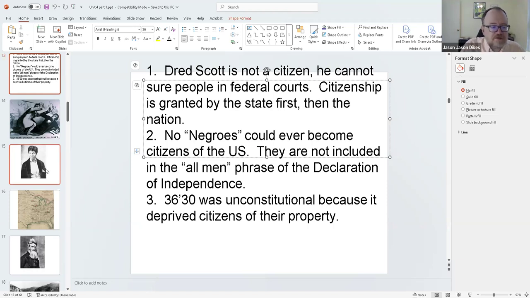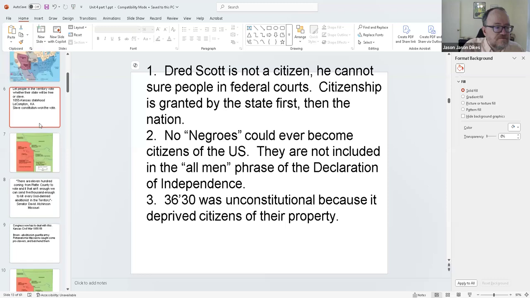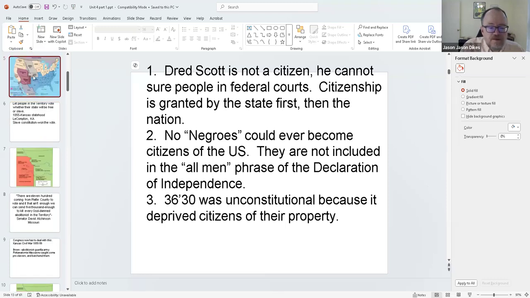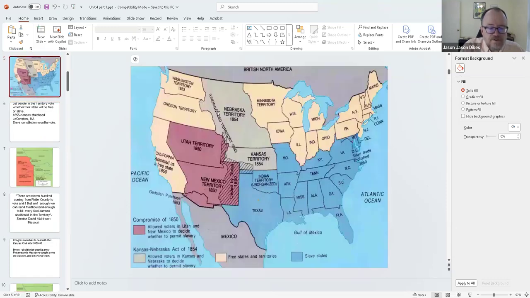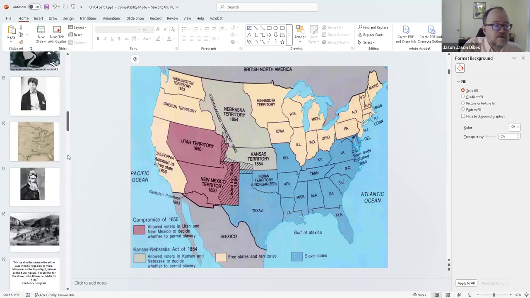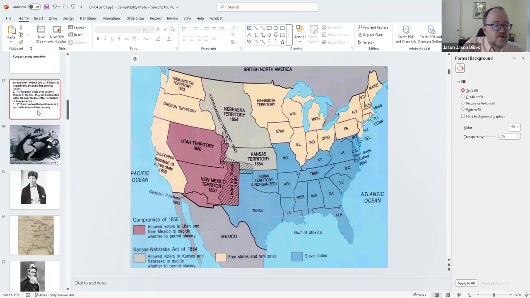Telling a person that they could not take their slaves into the territories was no different legally, not morally, legally, than telling people they couldn't take their horses or their cows into the territories. Okay? It is an attack on property. And so that is the court's decision.